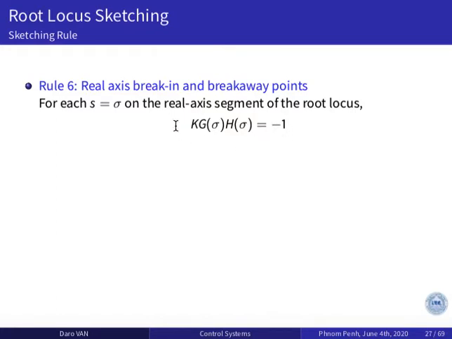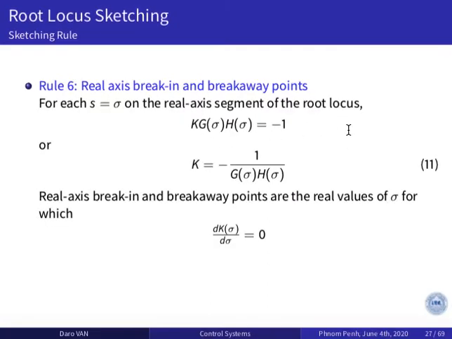Remember that 1 plus KG(s)H(s) equals 0. Substitute sigma in the equation, and then you take the derivative with respect to sigma and equate it to 0.